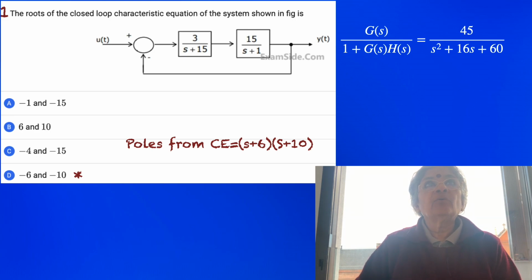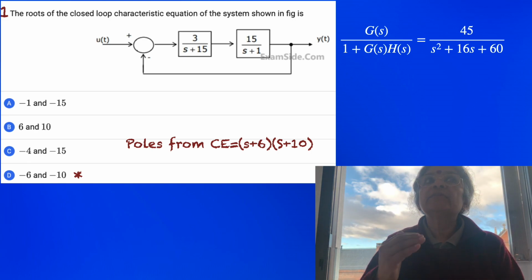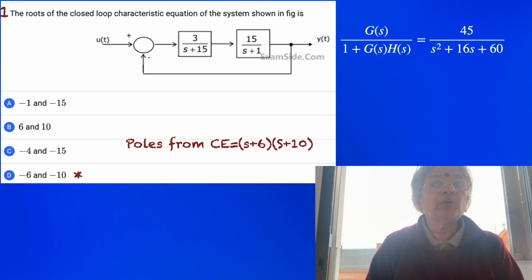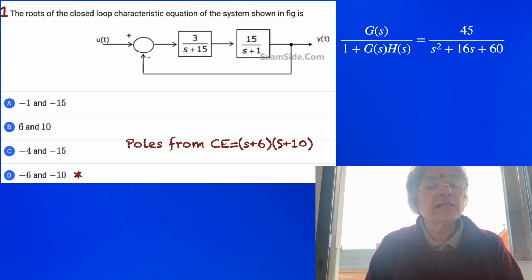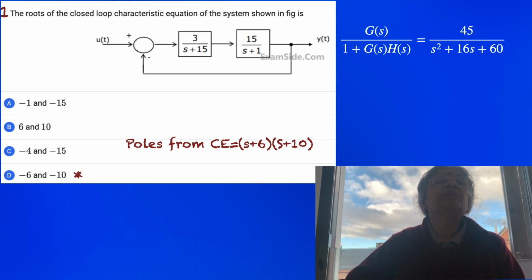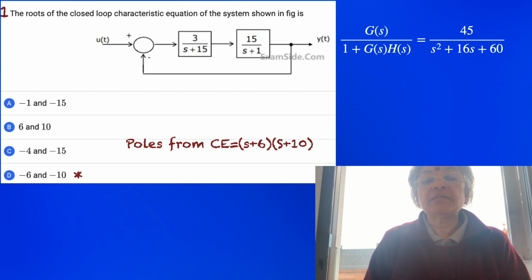Whatever you get by multiplying the denominators in the open loop transfer function, you place instead of 1. So here we have s squared plus 16s plus 15. Then add to it whatever is in the numerator, which is 45, so we have 60. The characteristic equation is now s squared plus 16s plus 60.